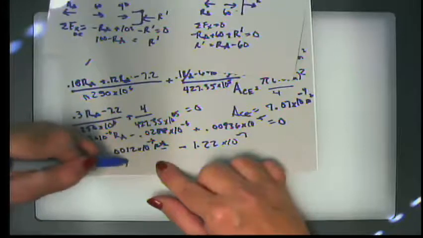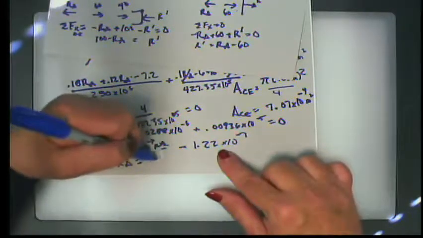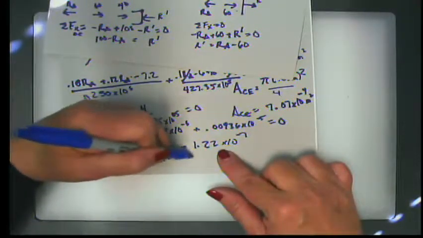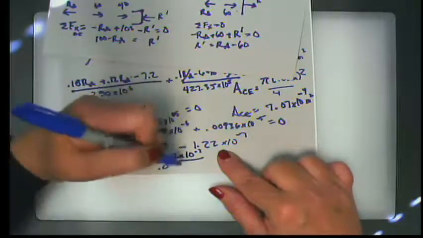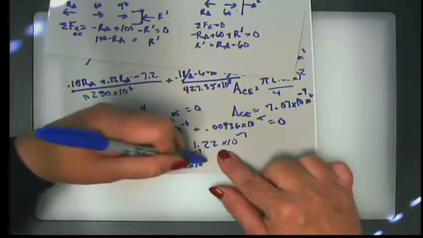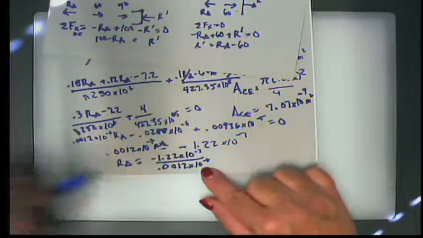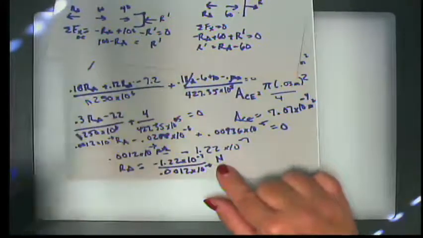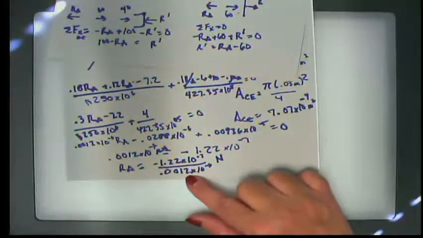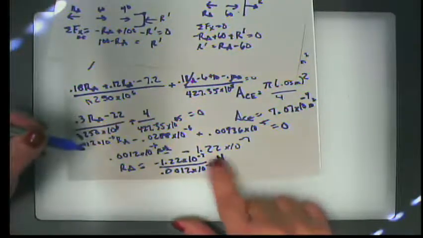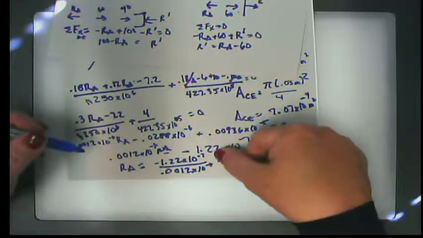That means that r sub a is equal to negative 1.22 times 10 to the minus 7th over 0.0012 times 10 to the minus 6th, and that's going to be in newtons because I got rid of my kilonewtons. That's a wee little number. This should be a positive.